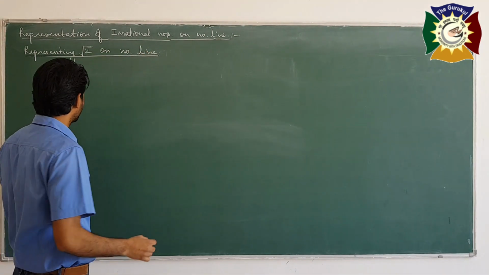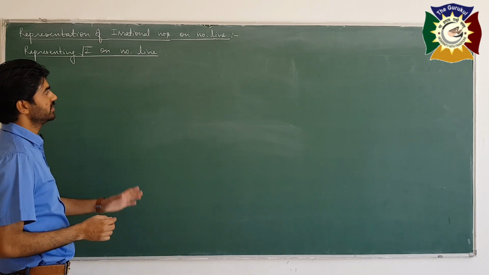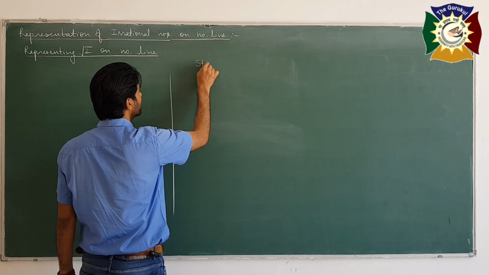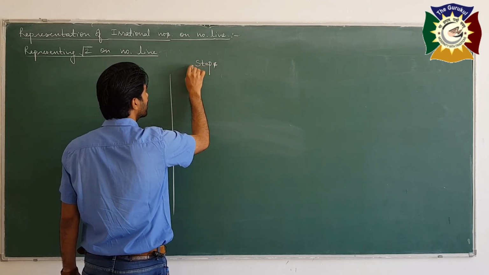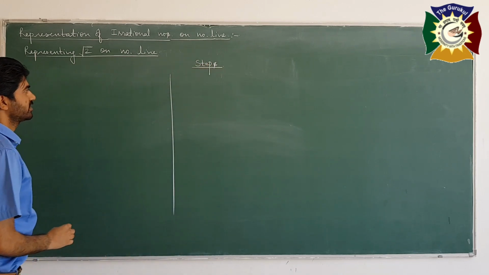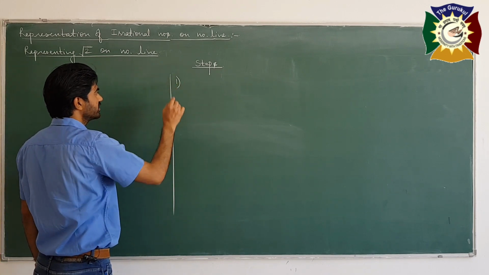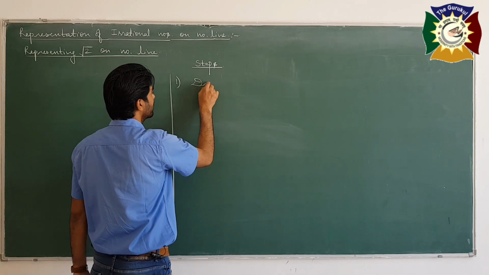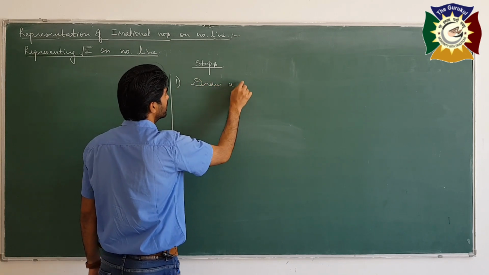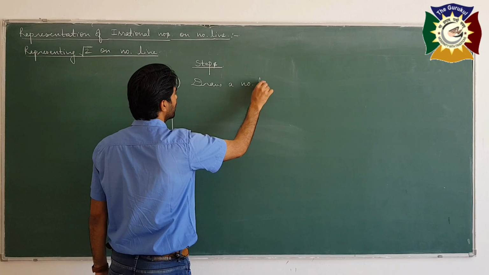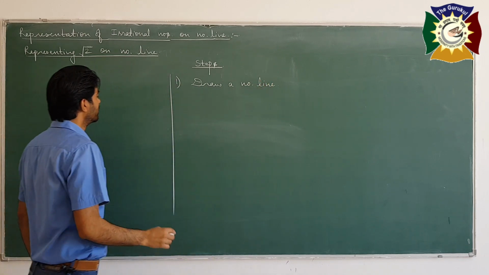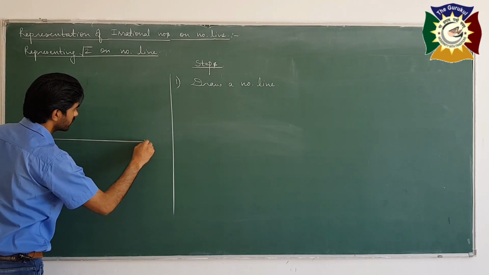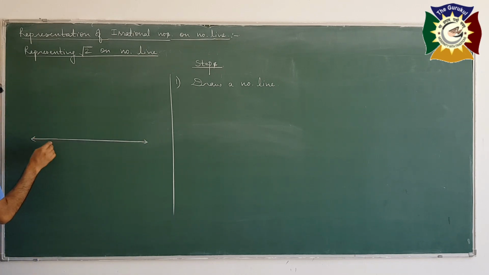For that there are certain steps. So I am going to write the steps here. First step is to draw a number line. Suppose I am drawing the number line here. So this is a number line.